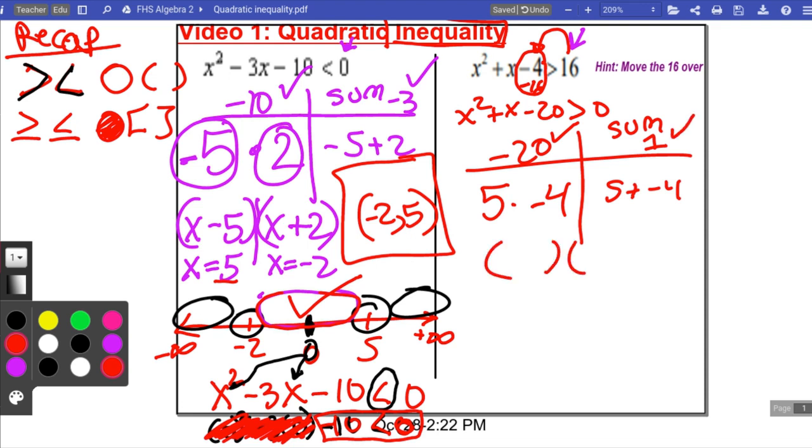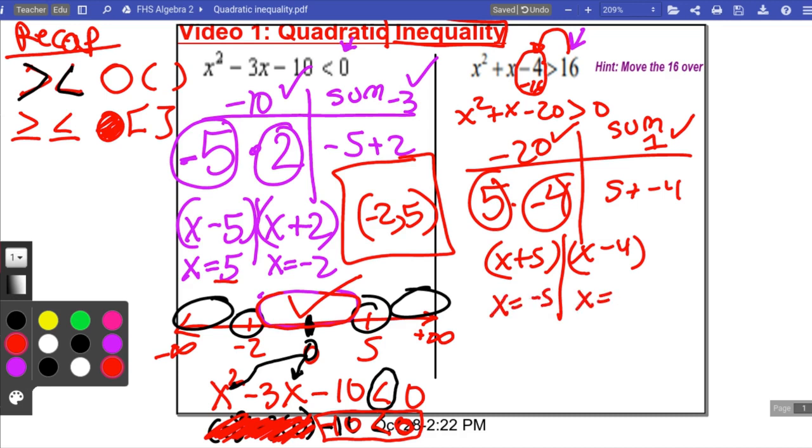All right, the parentheses: +5, check; -4, check. x equals -5, x equals +4. Number line time. 0, negative infinity, positive infinity. I have 4 here and negative 5 here.